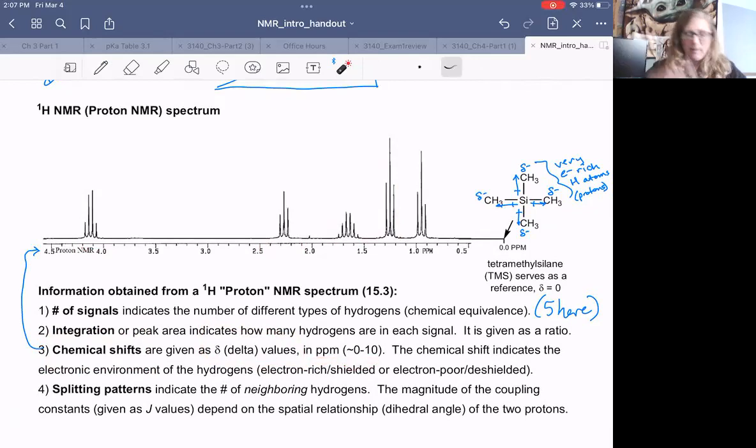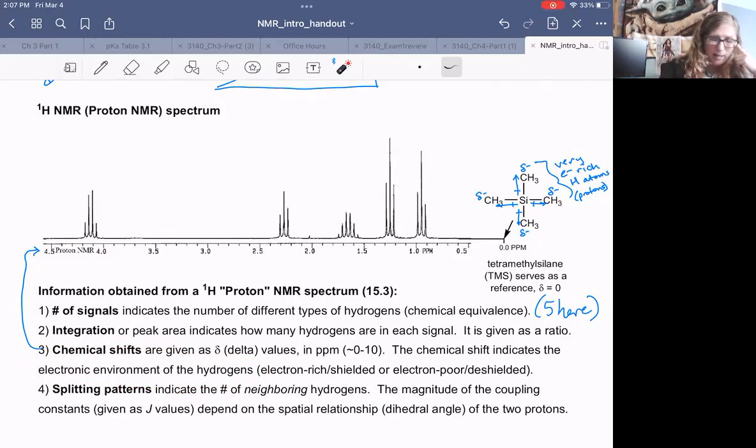Usually they're lower than 10 for proton NMR spectra. And what is this telling us? Like we already mentioned, it's the electronic environment. Are we looking at protons that are more electron rich, or more electron deficient? That's what's going to tell us where on the spectrum it's going to occur. We call that the chemical shift.